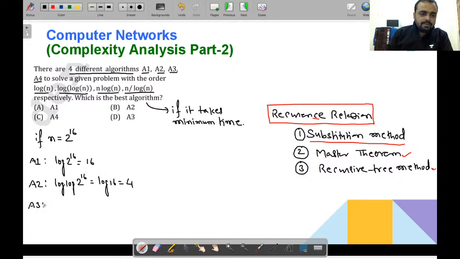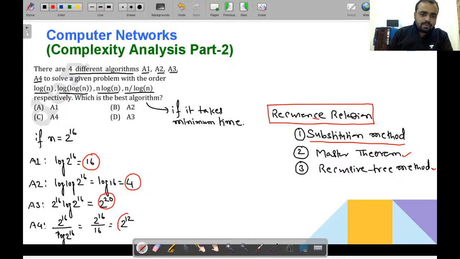A3 will become 2 to the power 16 times log of 2 to the power 16, so this will become 2 to the power 20. A4 is given as 2 to the power 16 divided by log of 2 to the power 16, so this will become 2 to the power 16 divided by 16, which is 2 to the power 12. So the four different algorithms generate four different values: 16, 4, 2 to the power 20 and 2 to the power 12.